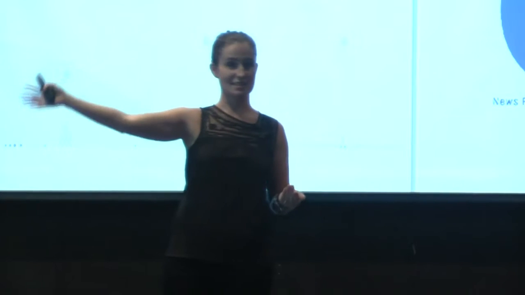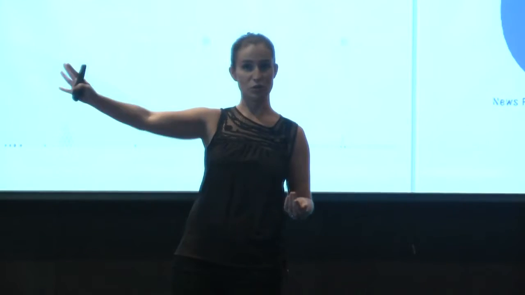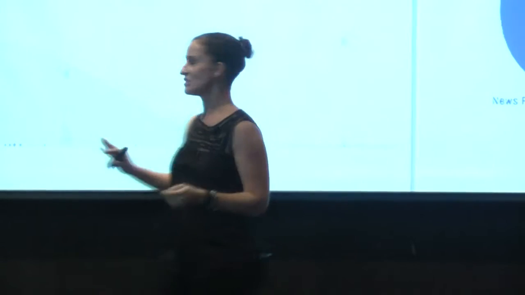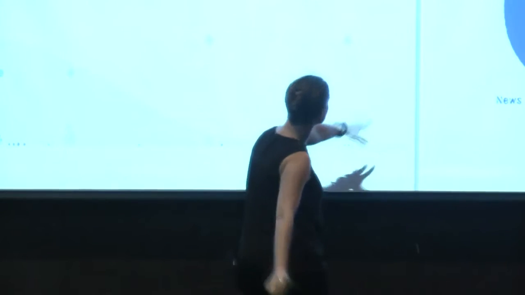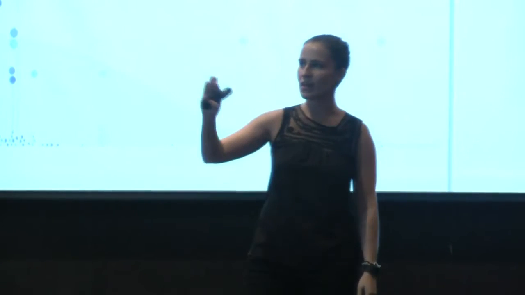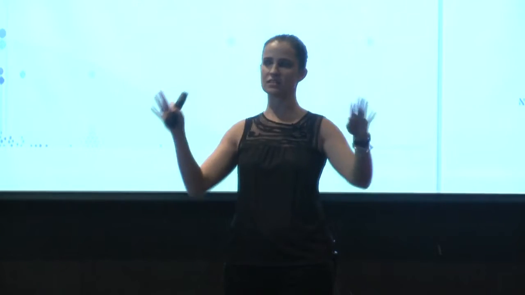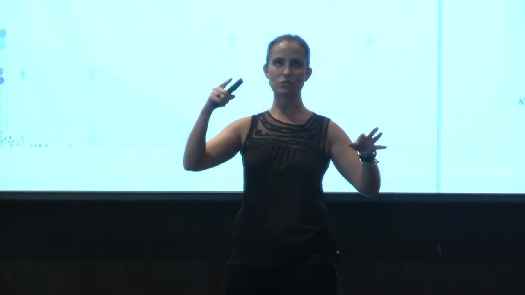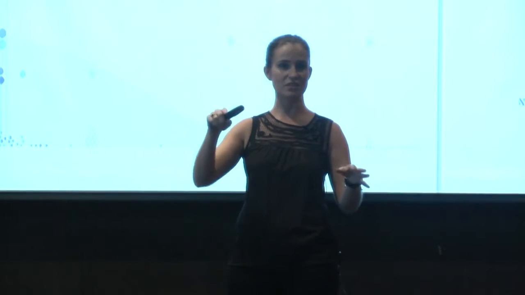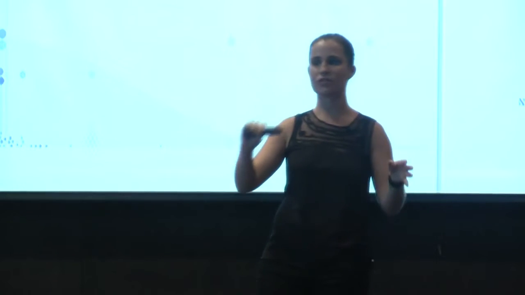And I will admit this is a screenshot of mine. I live in a very blue bubble. There's some red dots over here, I promise. But you can hover over them and see who those people are, what news sources it's based on. So it's looking at your friends' network, and also at what news categorizations they have liked. So they have to have liked CNN or Fox News or anything like that.